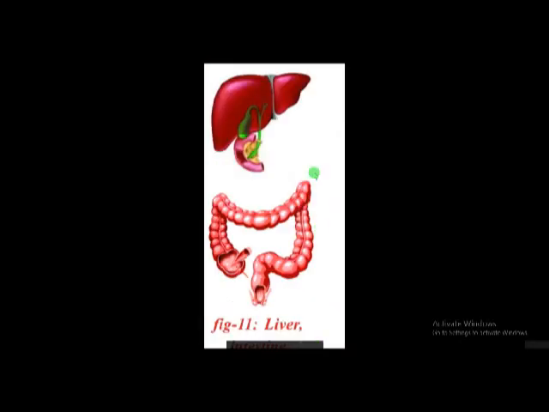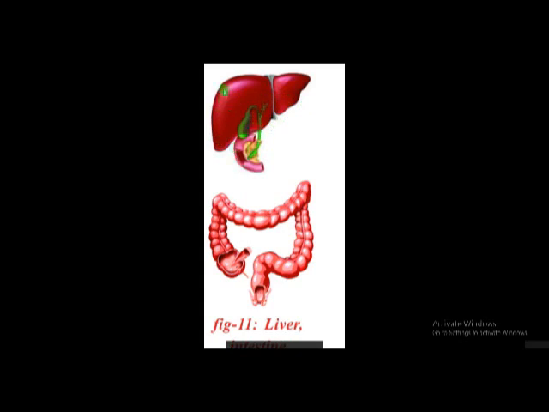And here we have the liver. The liver also plays an important role in excretion, and the red blood cells in our blood break down after their lifetime in the liver. Due to the breakdown of RBC, bile pigments and bile salts are formed, and these waste products, bile salts and bile pigments, are sent out through the liver.